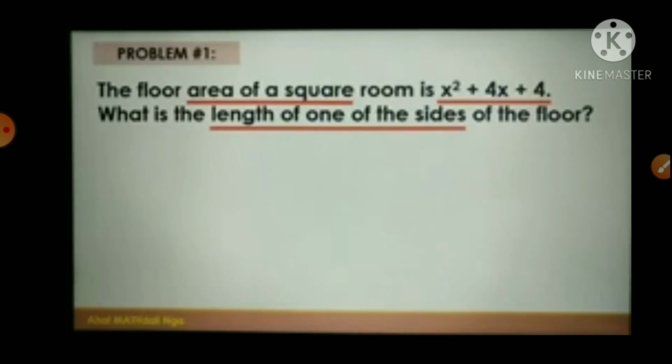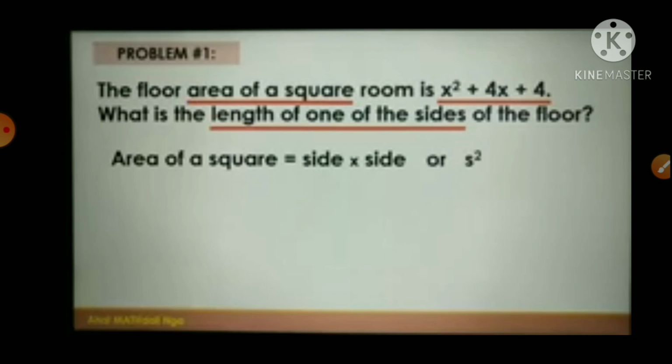Remember the formula in finding the area of a square. The area of a square is equal to side times side, or s squared. By illustration, we have a square with side s. To find the area of a square, we will multiply the two sides of the square.